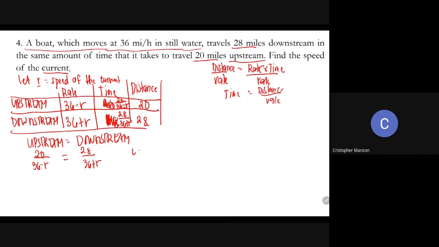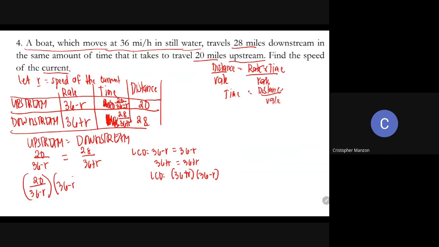Okay? We'll have to find the LCD here, which is ang 36 minus R. Hindi natin masimplify yan, so 36 minus R pa din. Ang 36 plus R ay 36 plus R pa din. Kaya ang LCD natin ay 36 plus R, 36 minus R. Yun yung i-multiply natin dito sa bawat term. 20 over 36 minus R times 36 plus R, 36 minus R is equal to 28 over 36 plus R multiplied by 36 plus R, 36 minus R. And then you can cancel this and you can cancel this.